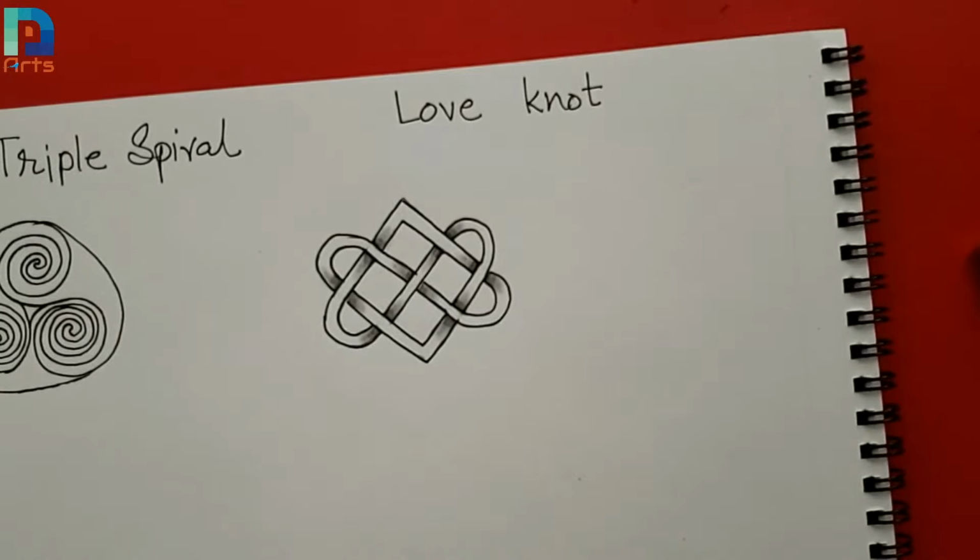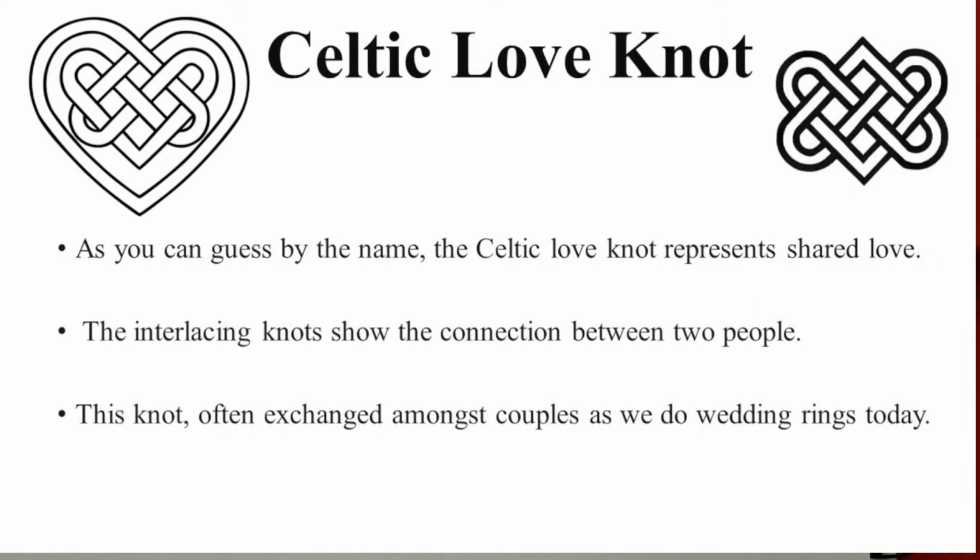And here is the Celtic love knot. As you can guess by the name, this knot represents shared love. Thank you, Roberta. Thank you, Demaine. So basically, it shows the connection between two people, like the way we use wedding rings today. This is kind of exchanged among couples.